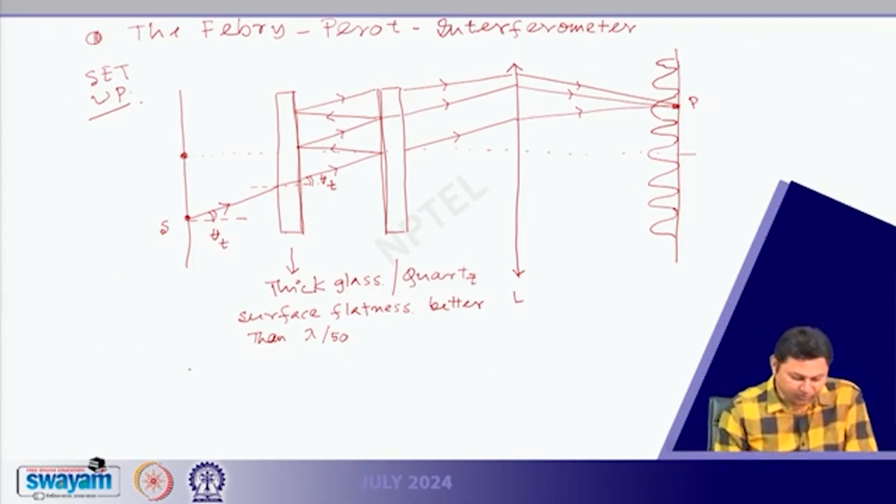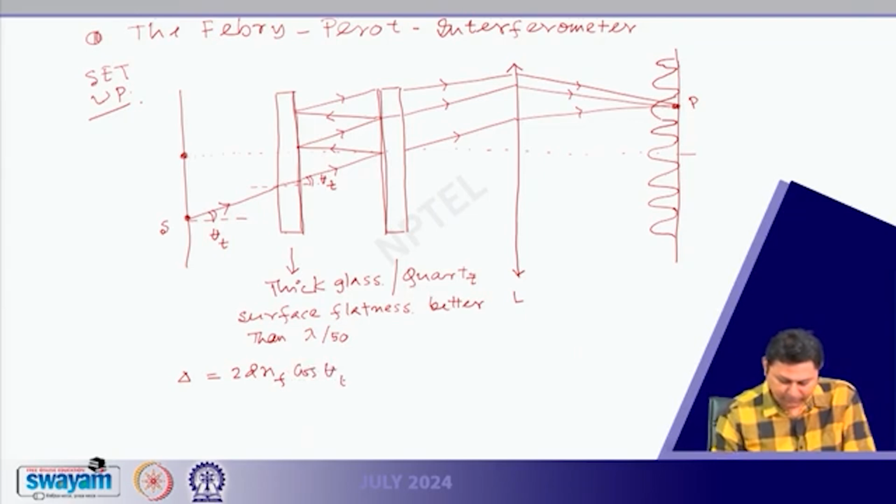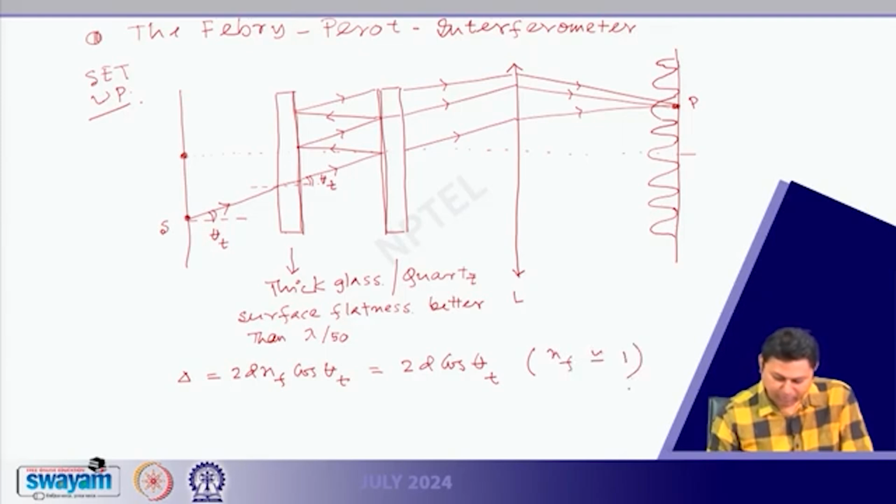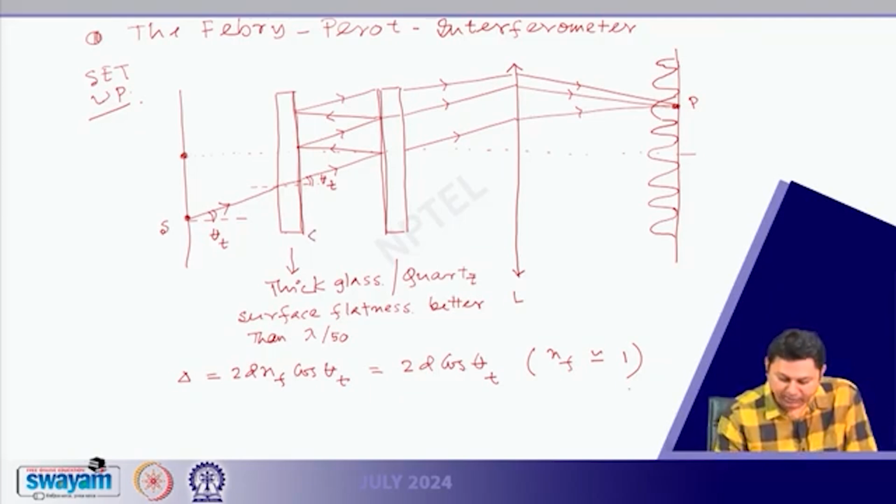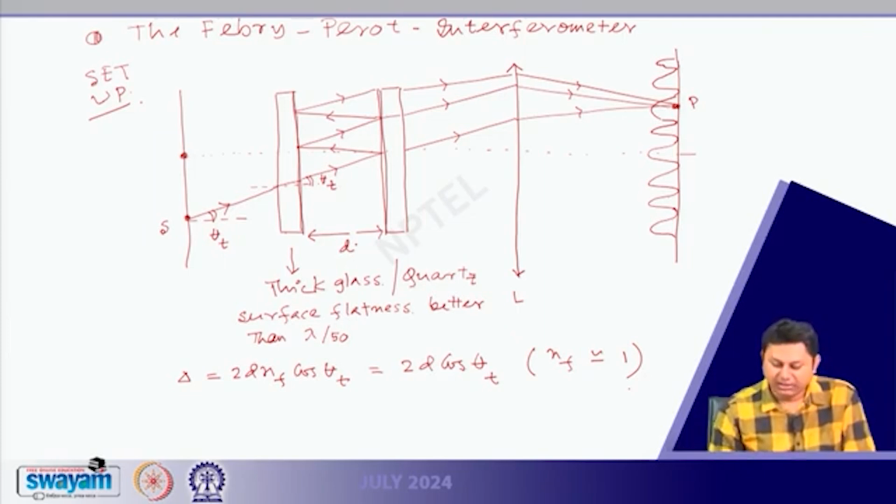Now, we know that delta, which is a path difference, can be calculated with this, which is 2D if I consider this air and this separation to be D. Then the path difference is clearly written by this expression, and if the in-between space between these two blocks is air, then the effective index is nearly equal to 1.